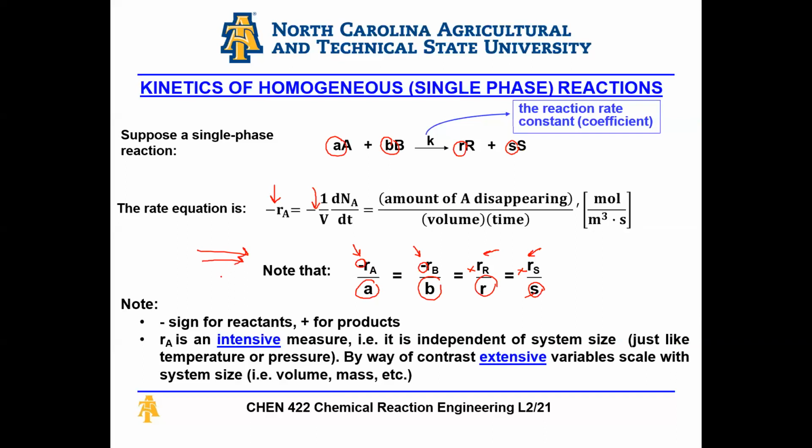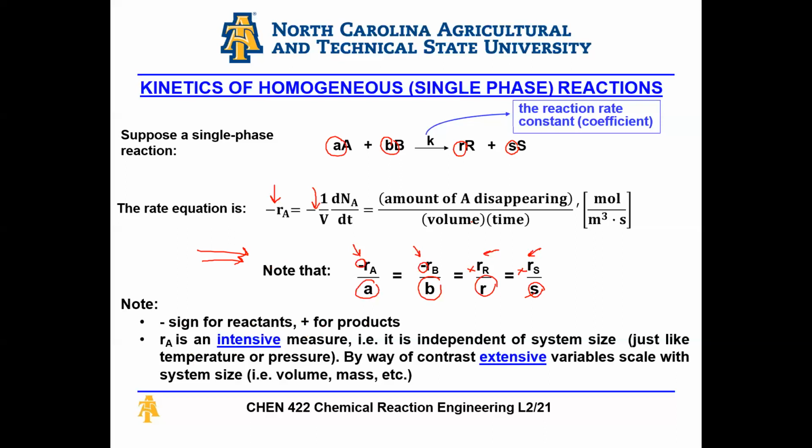It's very common to lose track of this type of relationship between your reaction rates based on different components. And again, minus sign is for reactants, plus sign is for products. RA is an intensive measure, i.e. it's independent of system size.